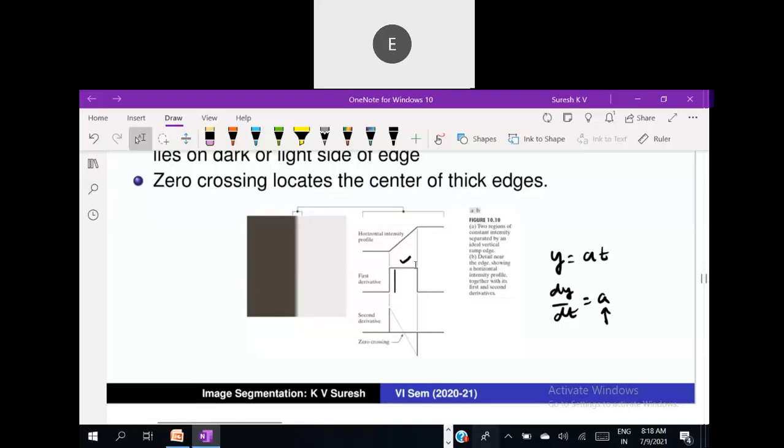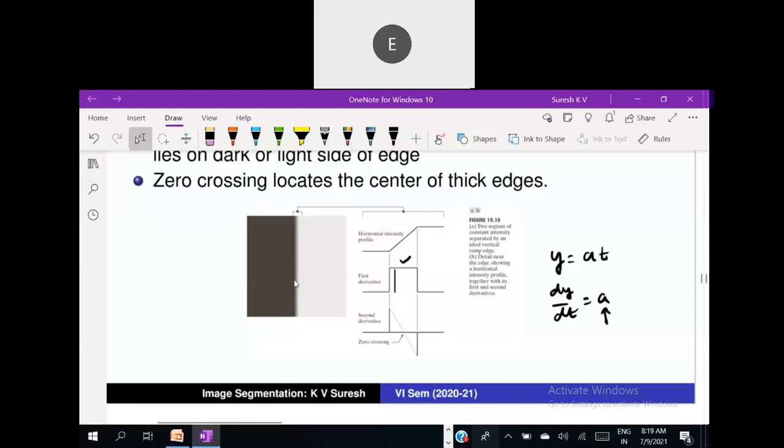Now there is a negative transition from a positive value to 0, so you will get a negative spike here. Suppose I join this tip to this tip by a straight line, the point where it crosses the x-axis we call a zero crossing. So this is the output of the second derivative.